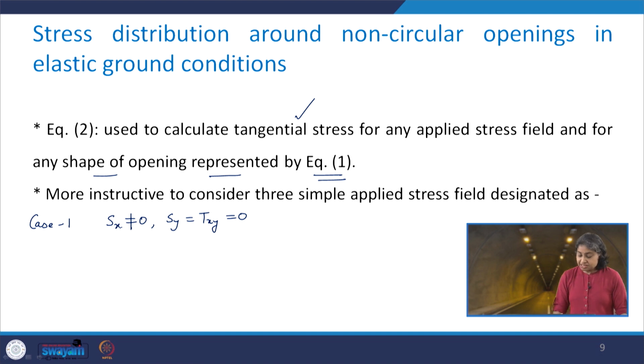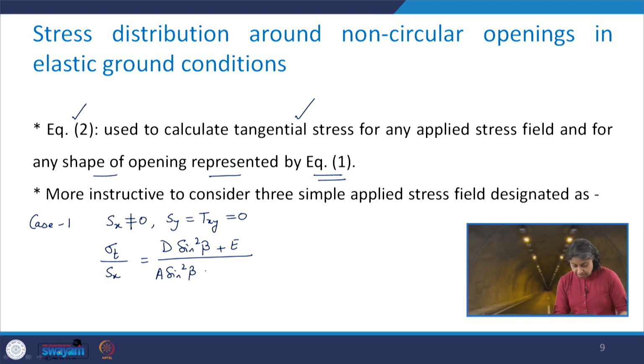So, in this case, if you substitute these values in the previous expression which was given by equation 2, what you are going to get is sigma T upon Sx equal to D sine square beta plus E upon A sine square beta plus B cos square 2 beta plus C. So, this is equation number 3.